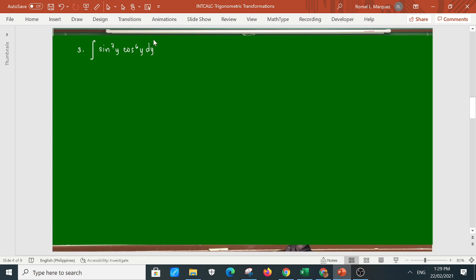This is under case 1 because there is an odd power. Am I clear, guys? Odd exponent. Okay, guys, why is it under case 1? There is an odd power. Again, if there are 2 odd powers, which are you going to choose?